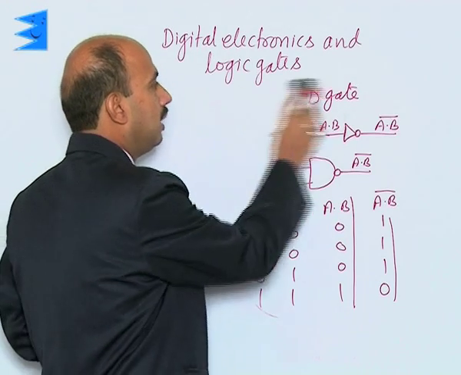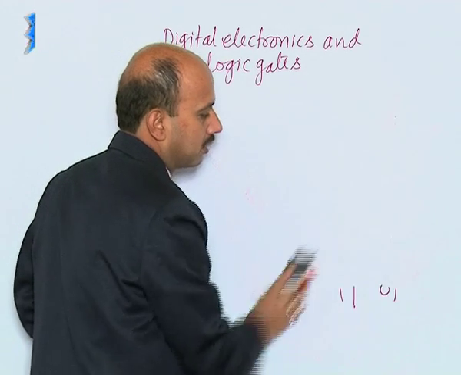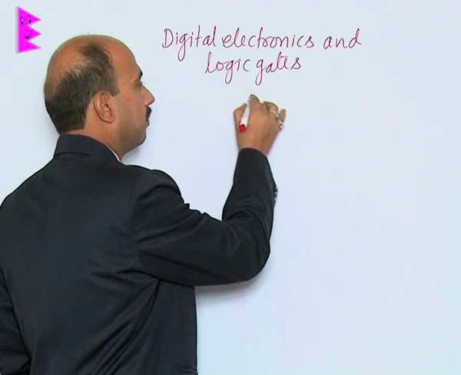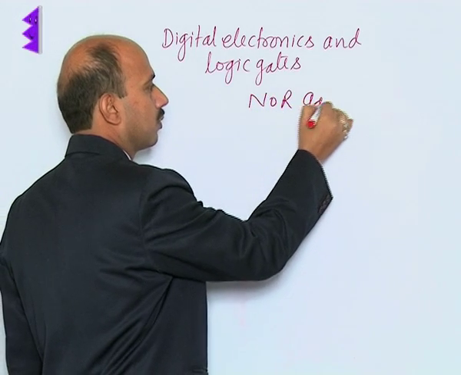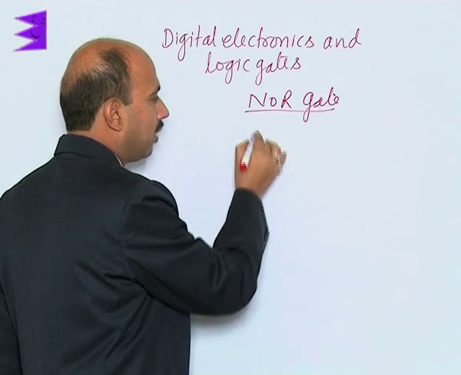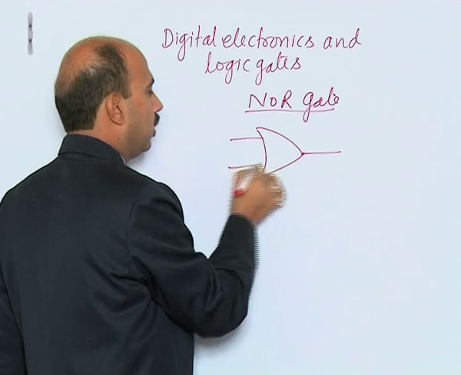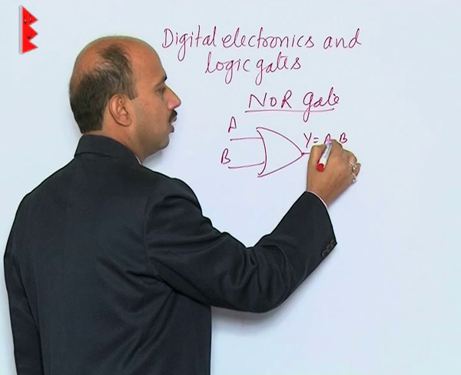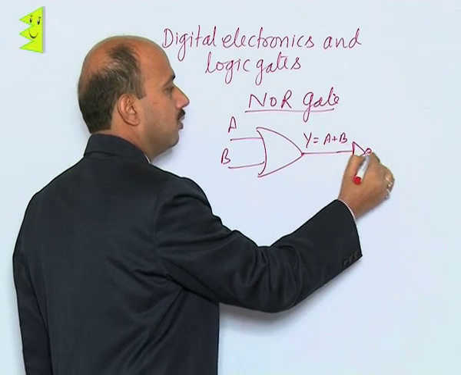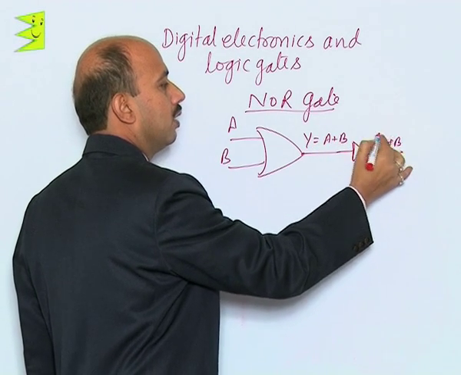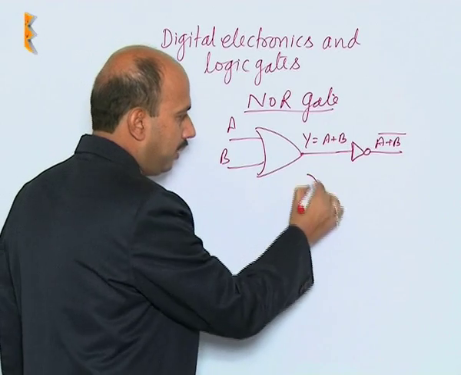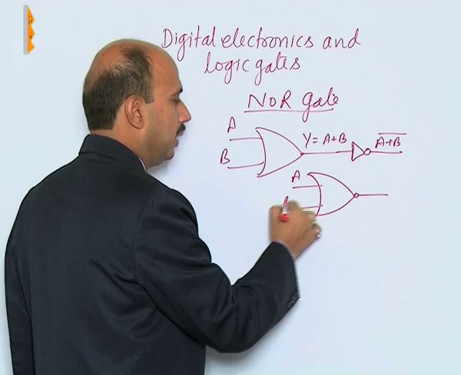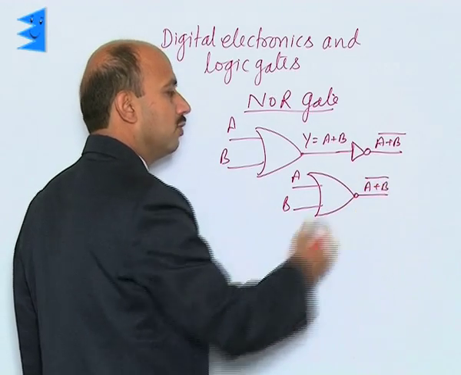Now, we can take similarly another one that is called the NOR gate. In the NOR gate, here one is an OR gate, 2 inputs, 1 output, that is A or B, and here this is the NOT of A or B. Its symbol we can make like this: A, B, A or B, that is bar.